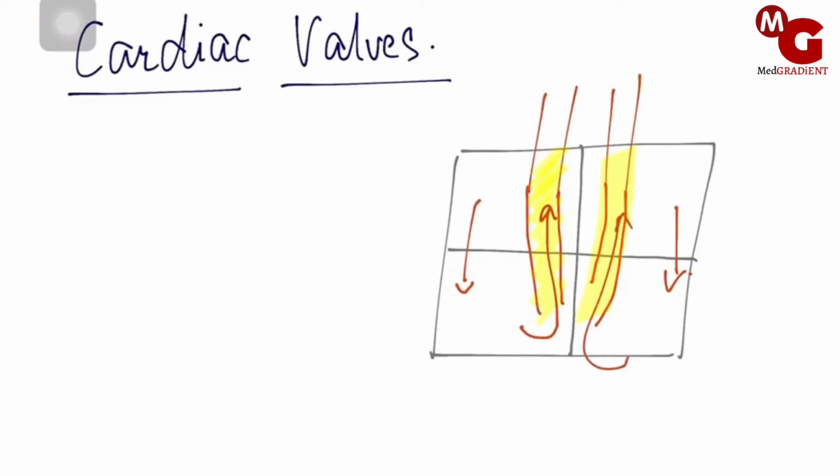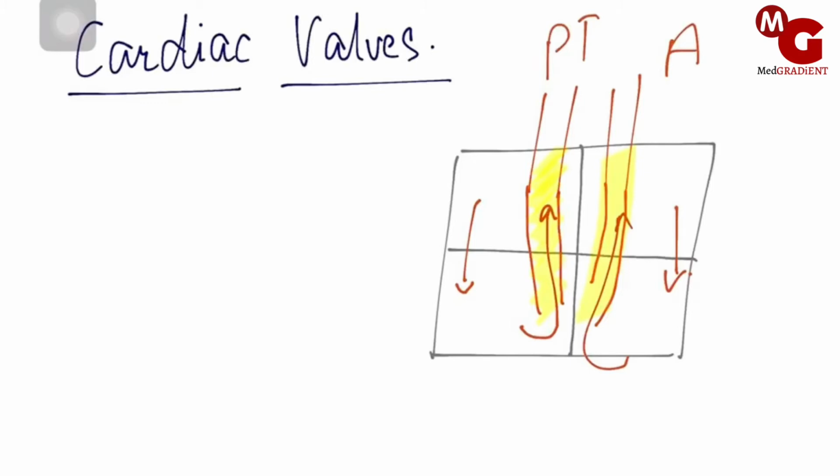If we have the left ventricle, the vessel leaving will be the aorta. If we speak about the right ventricle, it would be the pulmonary trunk. So there are 4 valves.